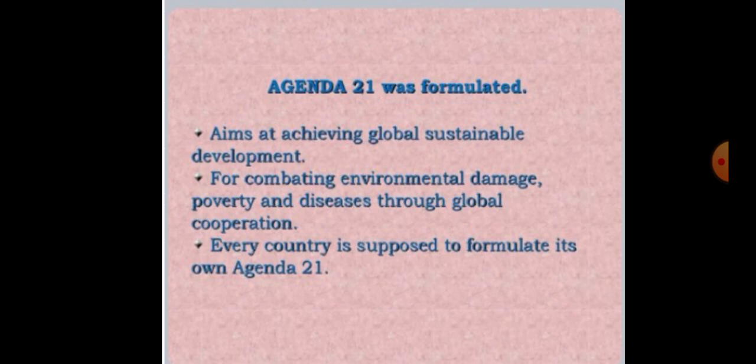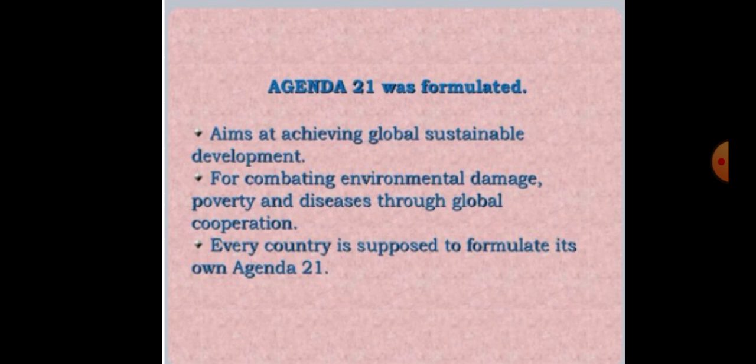This was called Agenda 21 and it was formulated. The aim of this agenda is achieving global sustainable development, where the world continues to develop and use as much as we need, but also gives time for resources to replenish and also conserves for the future.